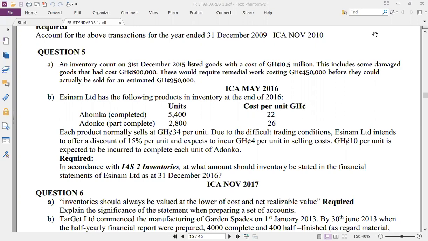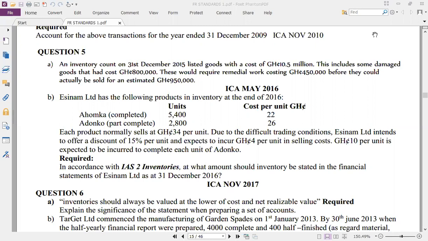So if 15% is discount, then the net of discount should be 85%. So you take 85% of the selling price. That will give you the estimated selling price that we're supposed to use. Or you can still take the discount on its own as selling cost, because there's a section that says estimated cost to complete and cost to sell.